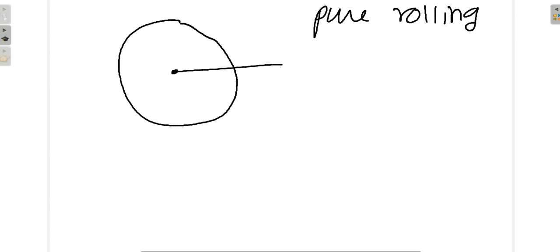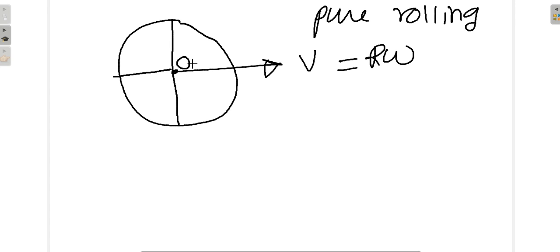Let the center of mass have velocity v, and obviously it must be equal to r omega. So please note that every point on this sphere will have same translational velocity, which is r omega. Translational velocity of every point on the sphere is same and is equal to r omega, is equal to v, that is r omega.